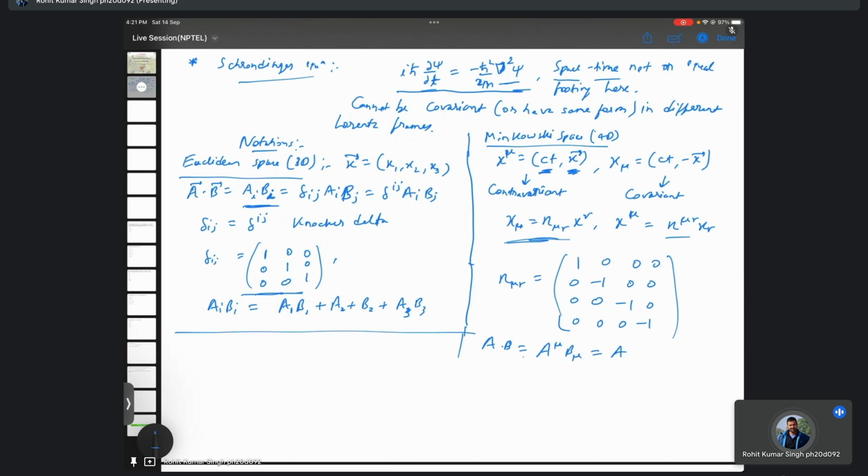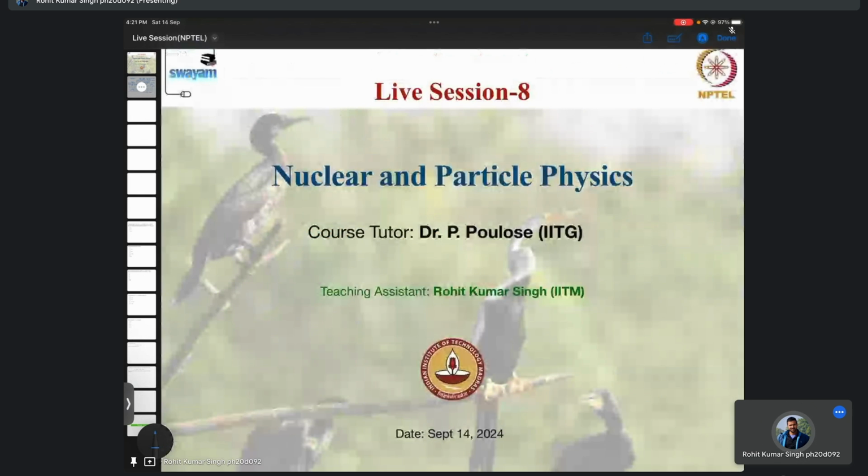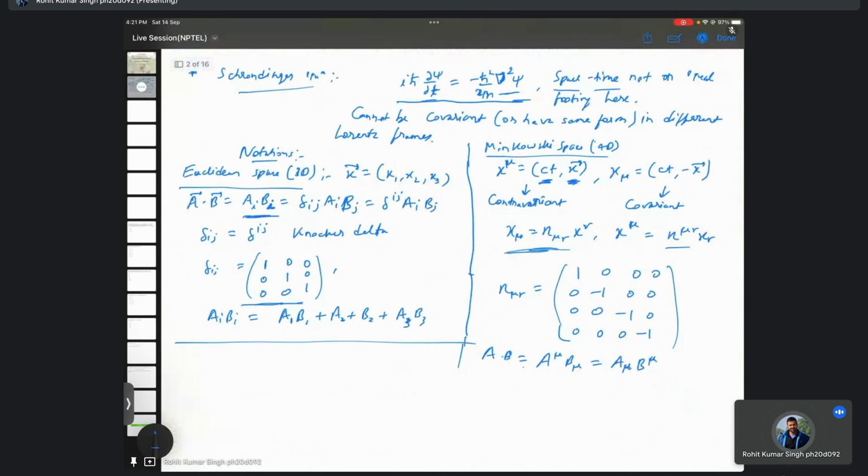This is the same as a_mu b^mu. So as long as one is an upper index and the other one is lower, it doesn't matter in which order you write them.